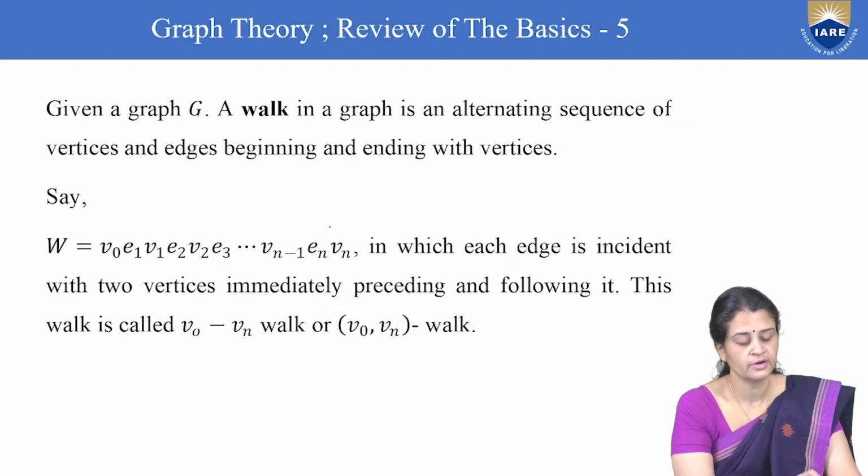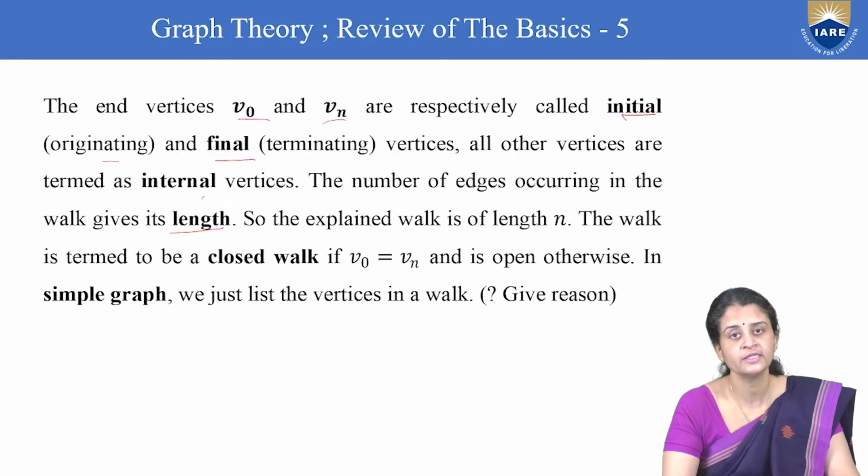Initial vertex, final vertex, and internal vertices. There are edges E1, E2, etc., En in this, so we call this a walk of length n. The walk is termed closed if V0 equals Vn.